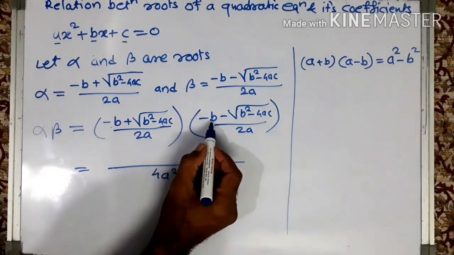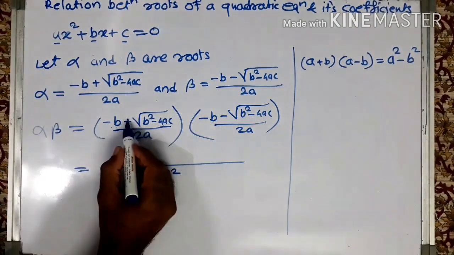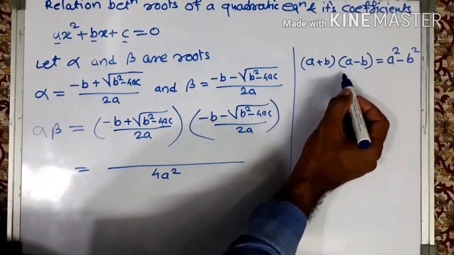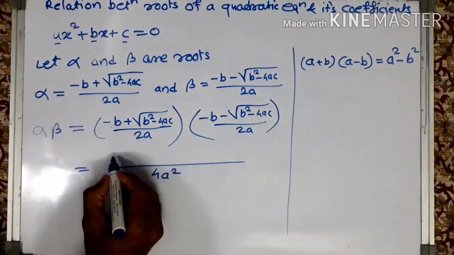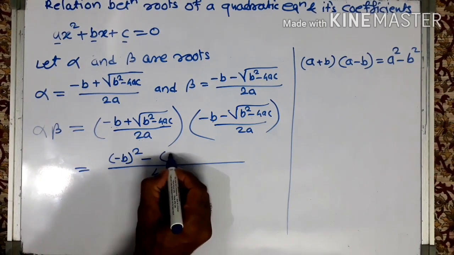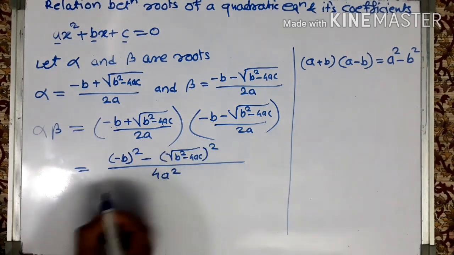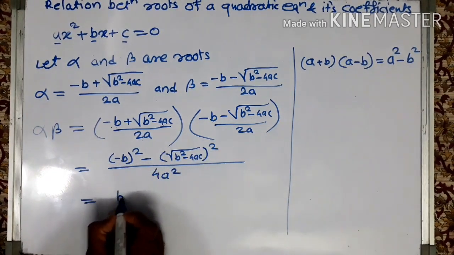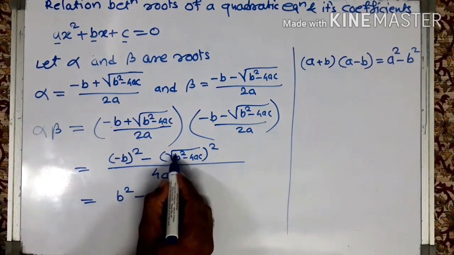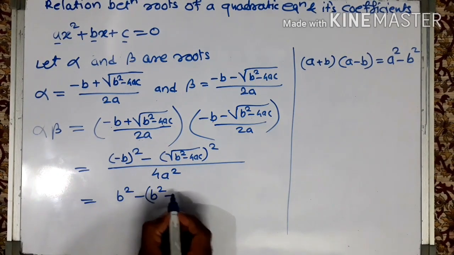In both expressions the first terms are equal, the second terms are also equal, and there are different signs. So by using that identity we can write it as minus b square, that means first term square, minus second term square. Negative b square is positive b square, minus, here the root is going to eliminate, b square minus 4ac.